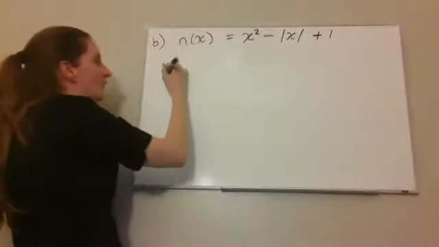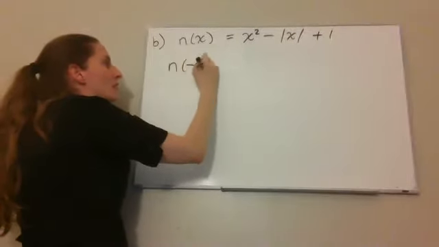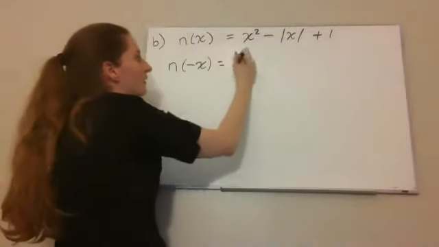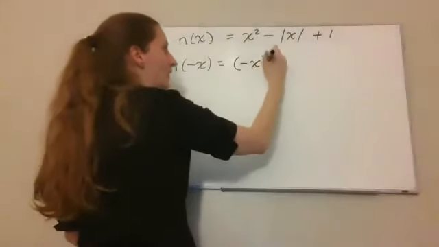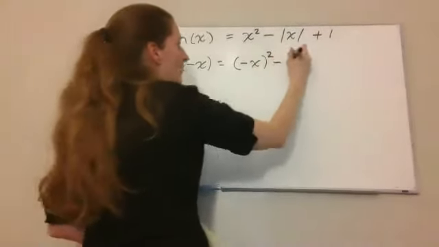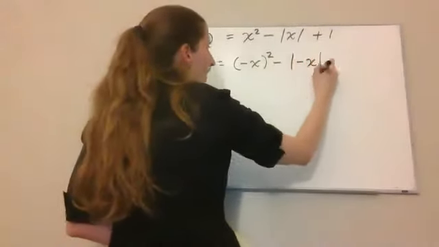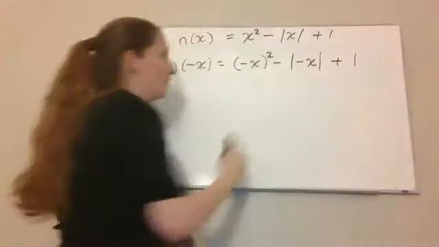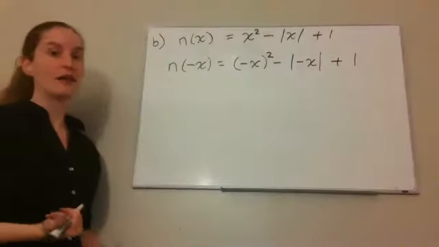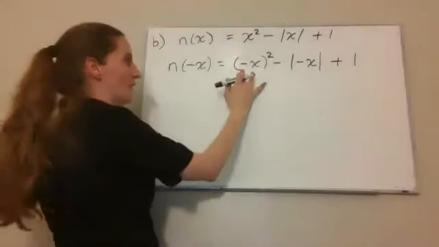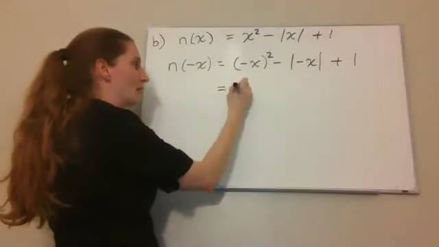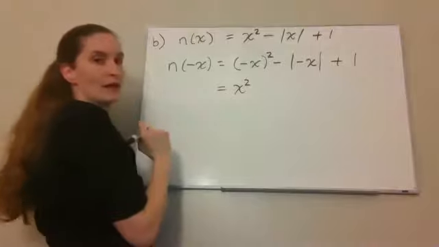To find out if it's even or odd, we're going to plug in a negative x. So I'm going to get negative x in parentheses squared minus absolute value of negative x plus 1. And now we're going to try to simplify this algebra. So negative x in parentheses squared is positive x squared.